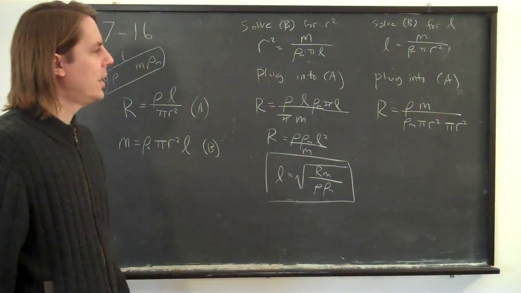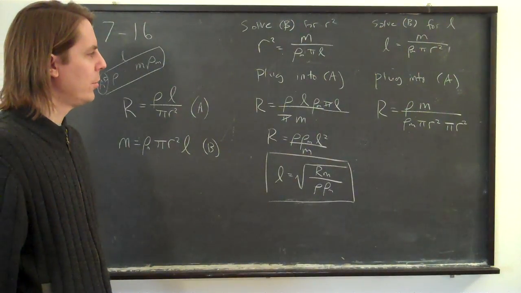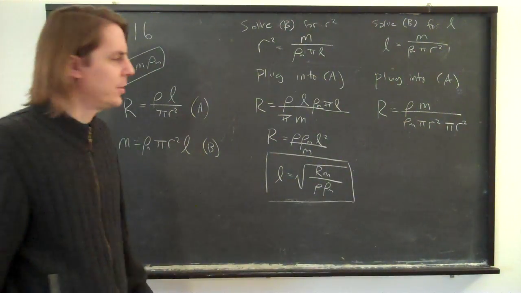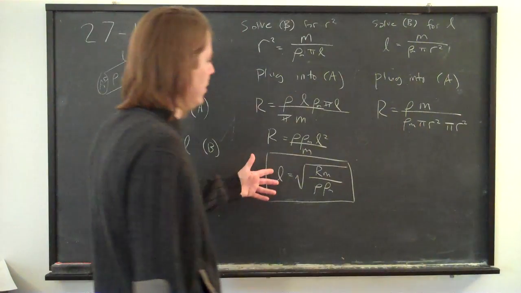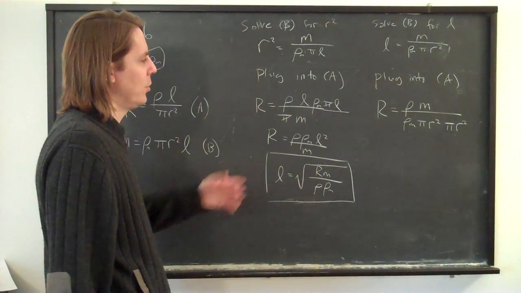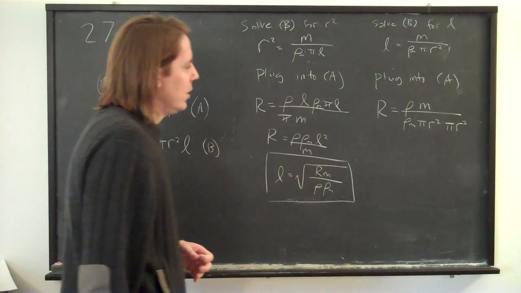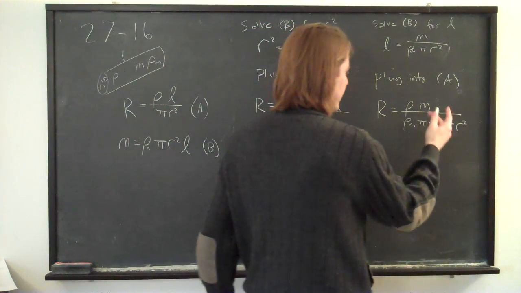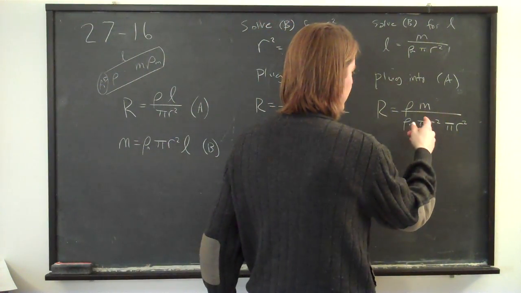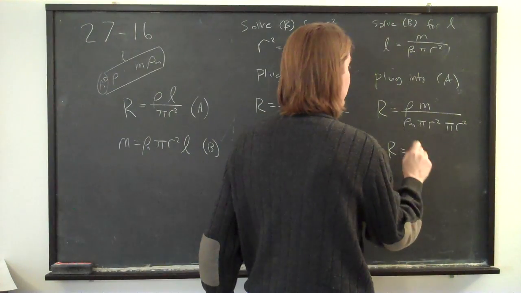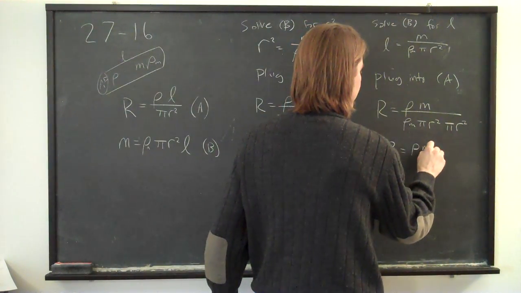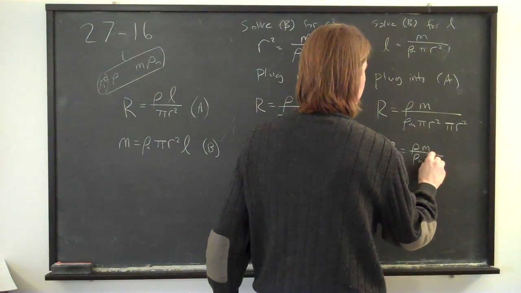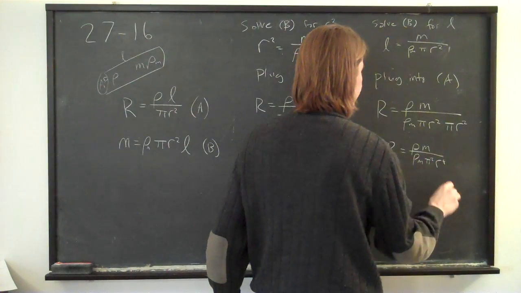Alright, so that looks horrible, but really all we have to do now is solve for R. The question was, we're looking for L and the diameter, so really we're just solving for the radius. We can't simplify it too much more. We can say the big R resistance is rho times m over rho m pi squared r to the fourth.